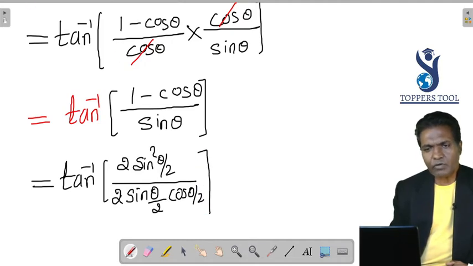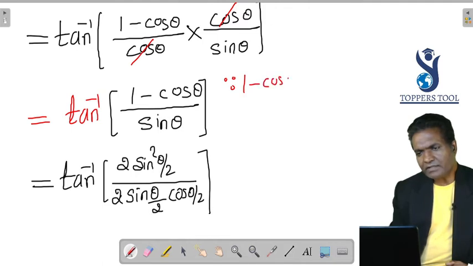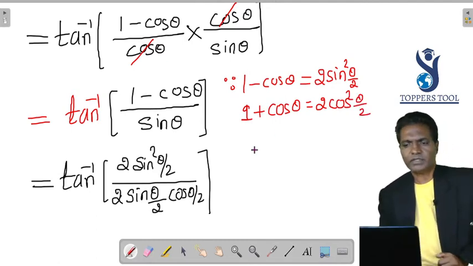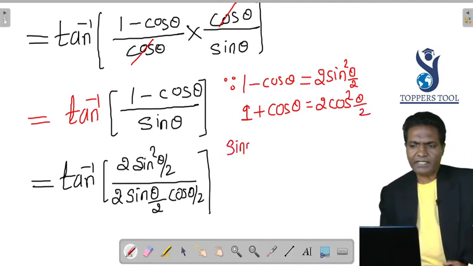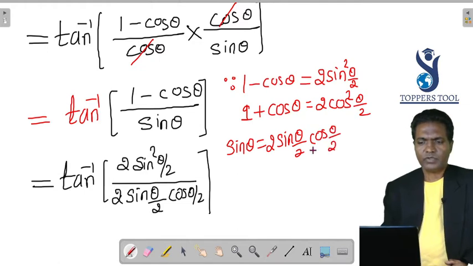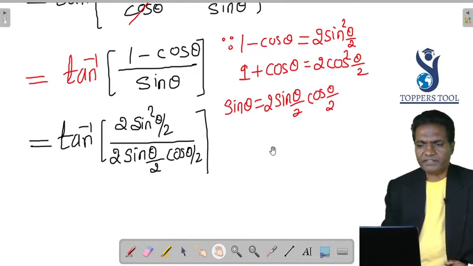Both results are very important. And suppose if it comes 1 plus cos theta, that is also to be noted: it is 2 cos square theta by 2. Please make note of this.